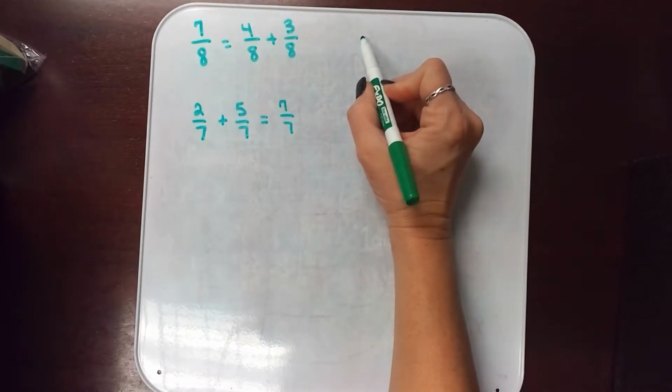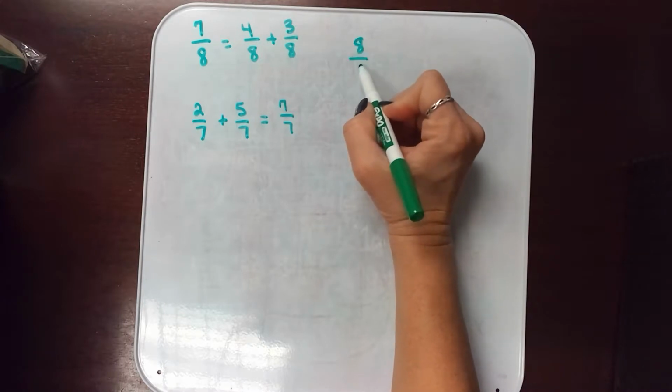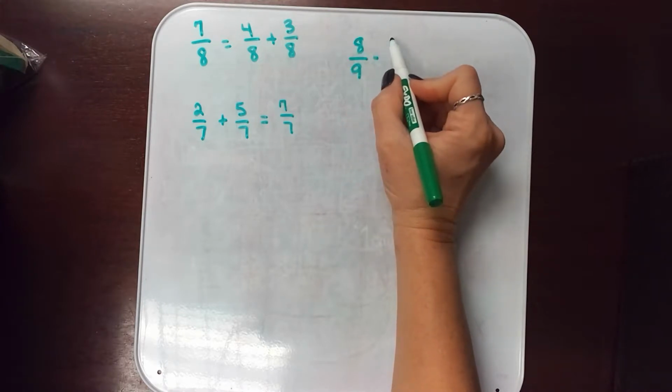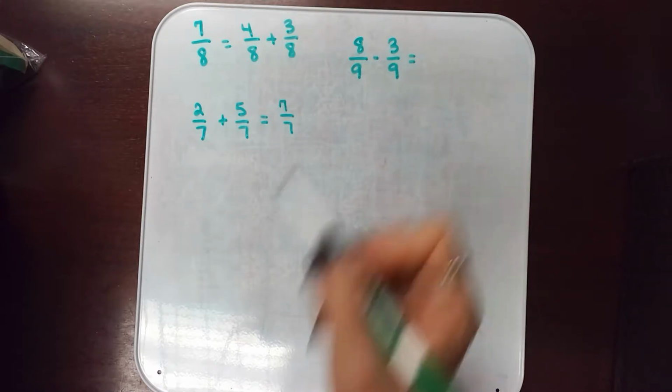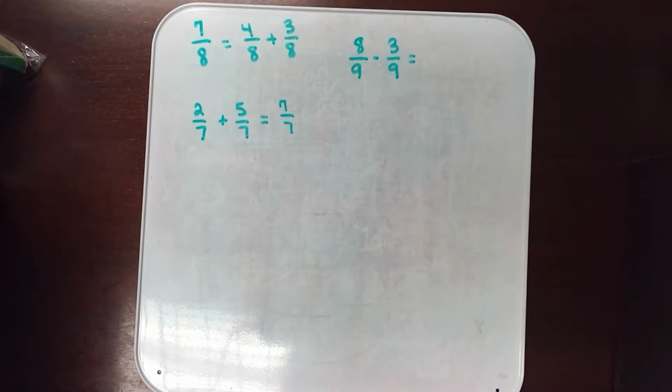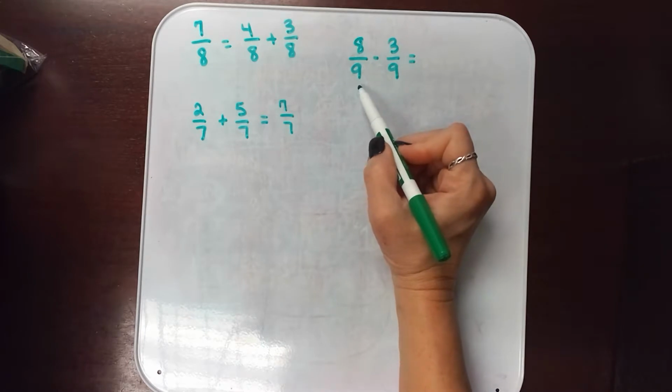I may ask students 8/9 minus 3/9. All right, boys and girls, do you think the estimate is going to be closer to 0, closer to a half, or closer to a whole? And so they estimate, well, I think it's going to be around a half, because this is almost 1.